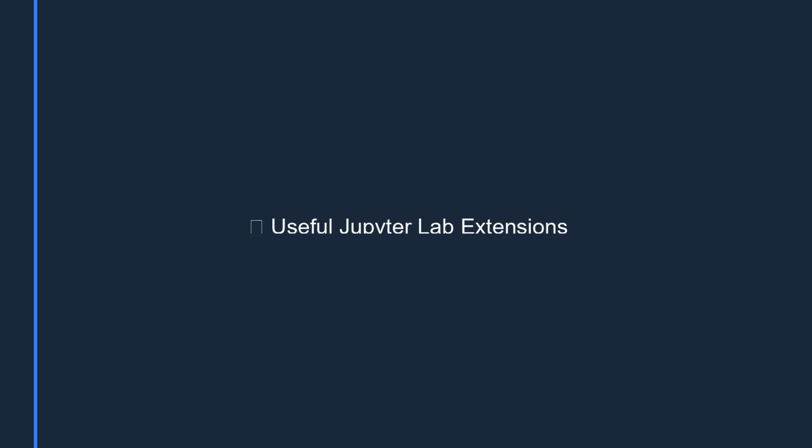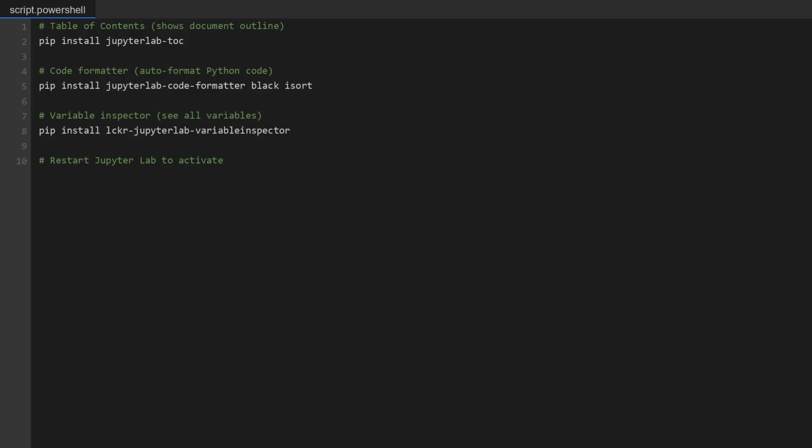Useful JupyterLab extensions. This set of commands is essential for enhancing your Jupyter Notebook experience. The first command installs the Table of Contents extension, which provides a structured outline of your document, making navigation much easier. Next, we install the JupyterLab Code Formatter, along with two popular formatting tools, Black and isort.